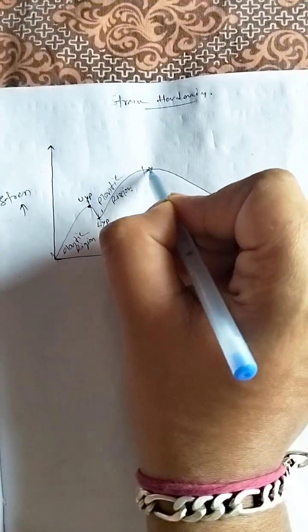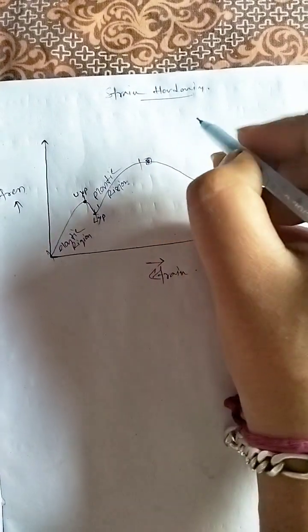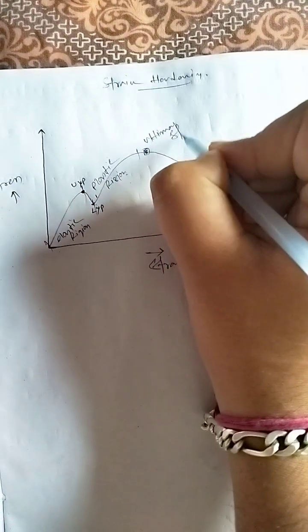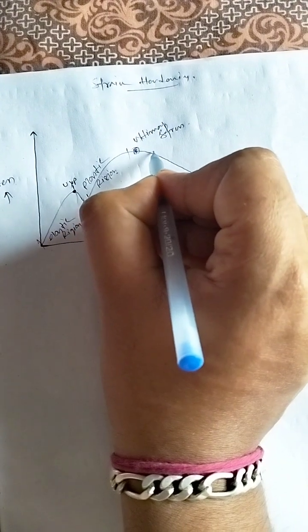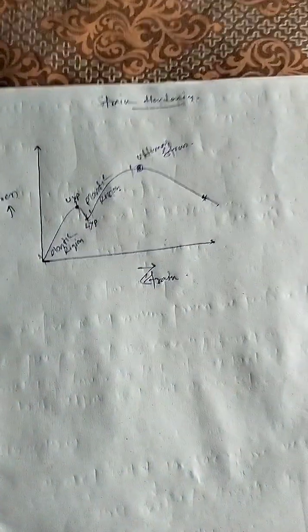And here we get a particular point that is known as the ultimate stress. When the ultimate stress is crossed, then we get the necking, and after necking we get the fracture.